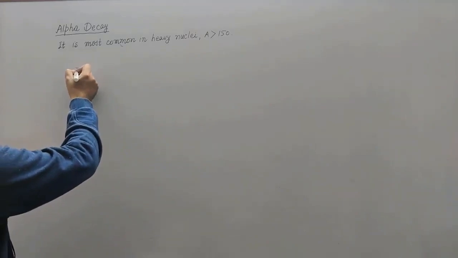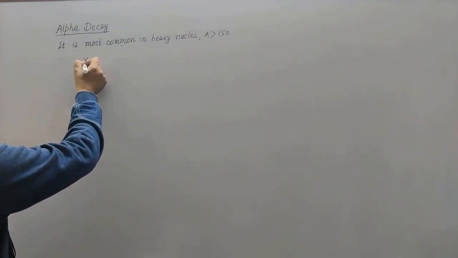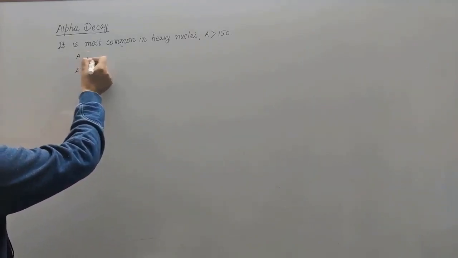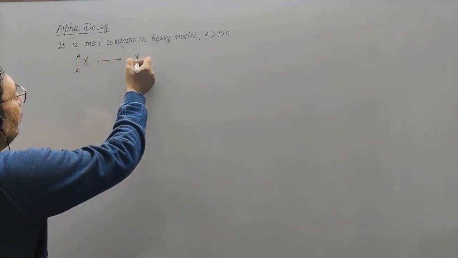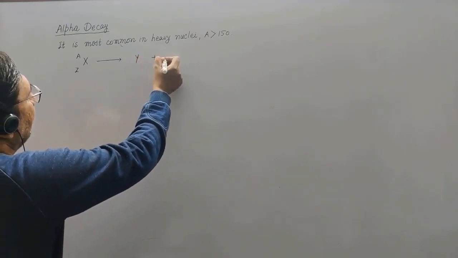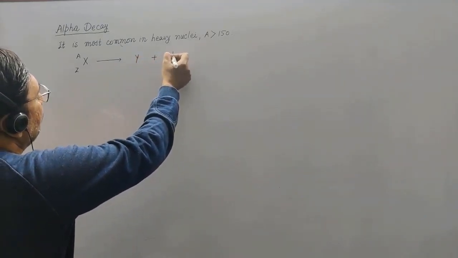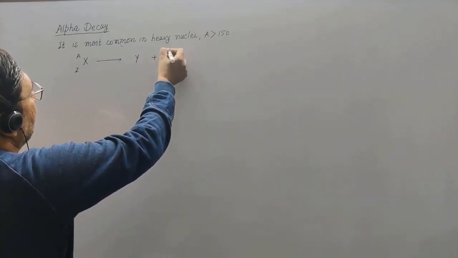Okay? What is an alpha particle? The alpha particle is the helium nucleus. If you want to write a general equation for the alpha decay process, suppose this is the parent nucleus ZXA. It will convert into another nucleus Y by emitting an alpha particle, that is 2He4.